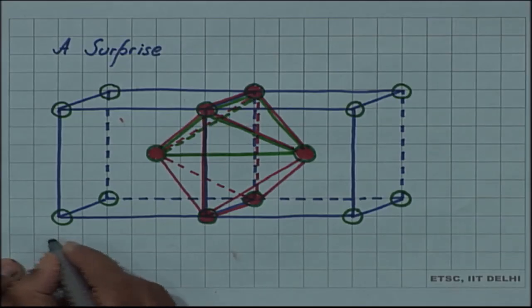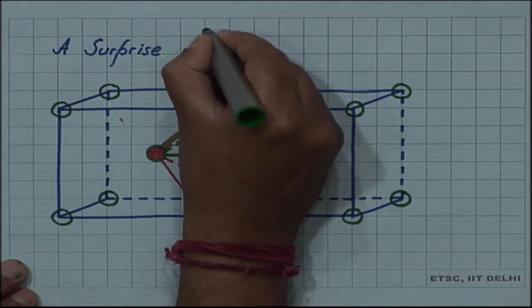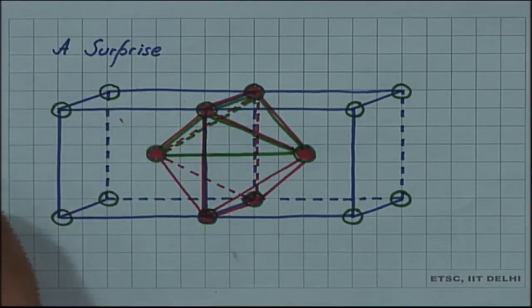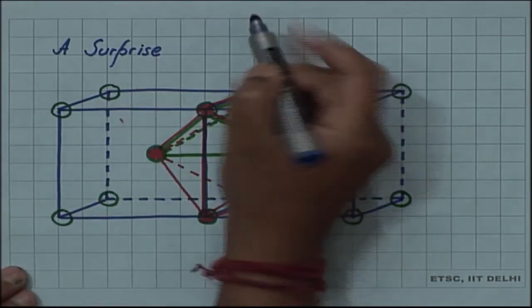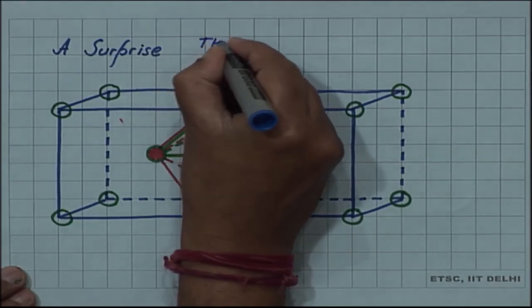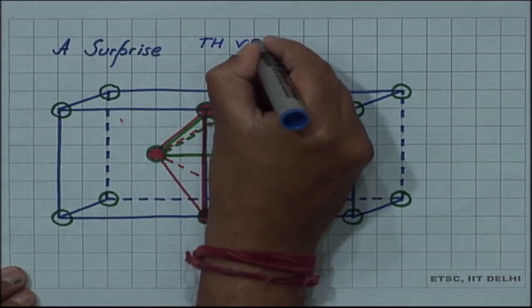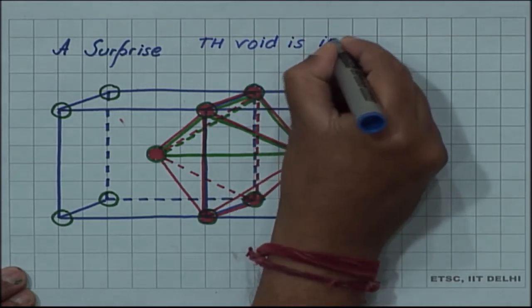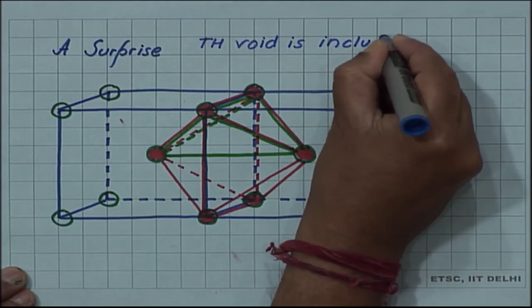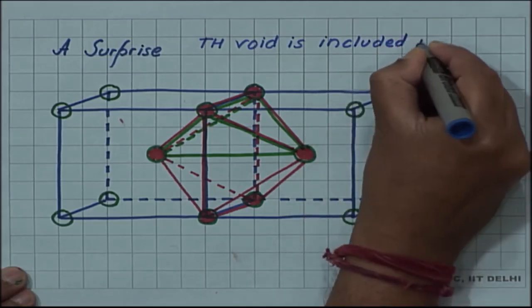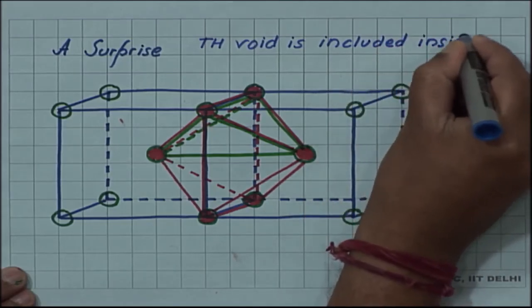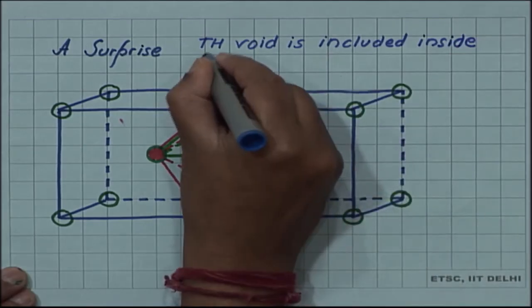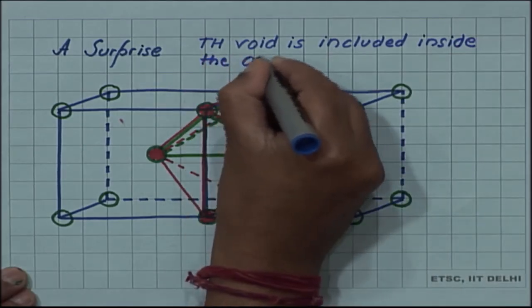So, the tetrahedral void, let me write that down. TH void is included inside the OH void.